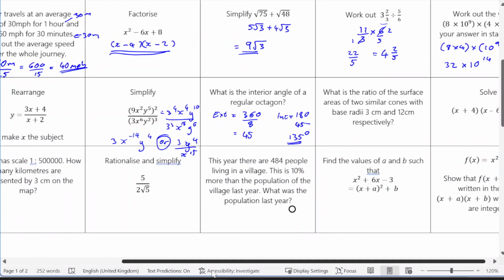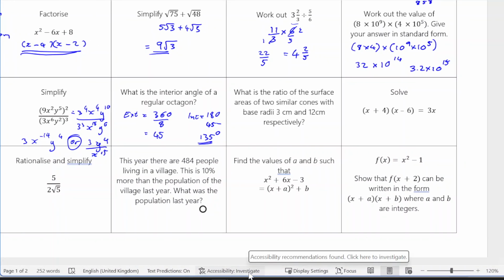Okay, let's just shift this over because we've got two questions. What is the ratio of the surface area of two similar cones with base radii of 3 to 12, respectively?